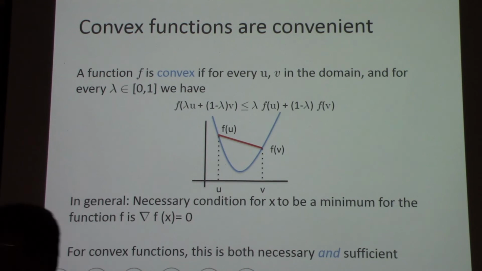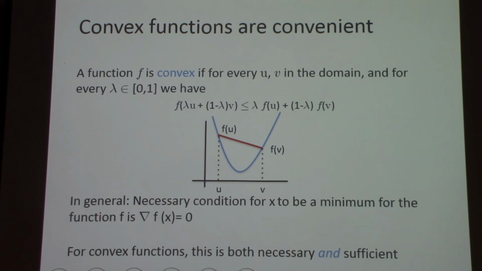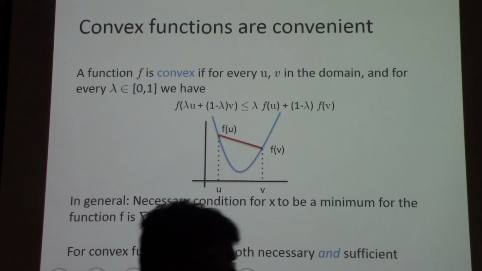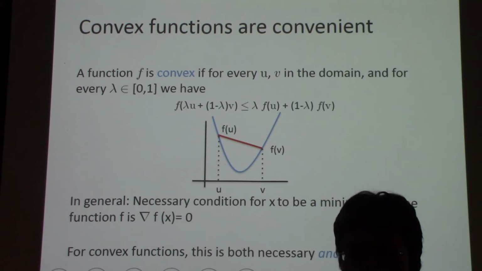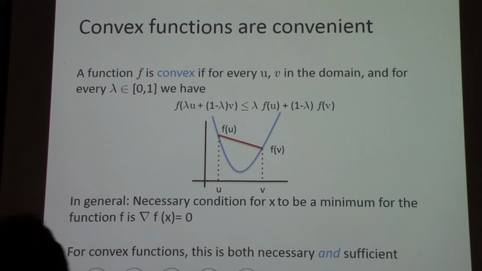So if you set the derivative to 0, or in high dimensions, the derivative is represented by this nabla, the gradient of the function is 0, which means the tangent is basically horizontal, if you're imagining the function the way I do. For convex functions, this condition of the gradient being 0 equals global minimum is necessary and sufficient.